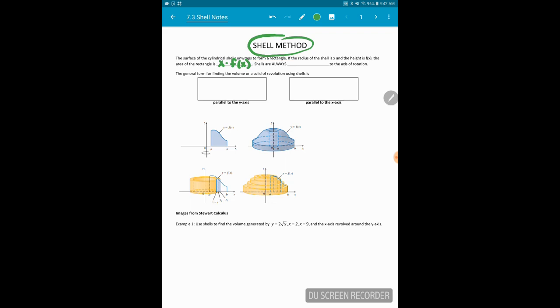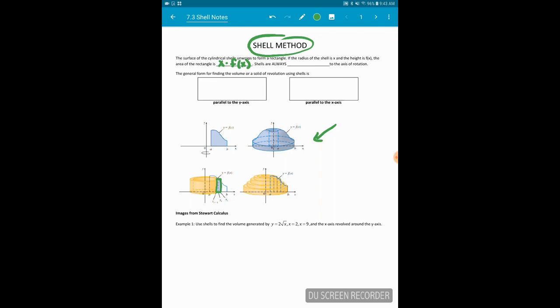And we can see that because if we look at these pictures down here, if we have some sort of curve y equals f of x and we're rotating it around the y-axis, what we end up having is some sort of rectangle that has a certain width, which eventually, as we do all of them, the sum of all of those widths, as we make them really, really close to zero, we'll end up getting everything as we move along.